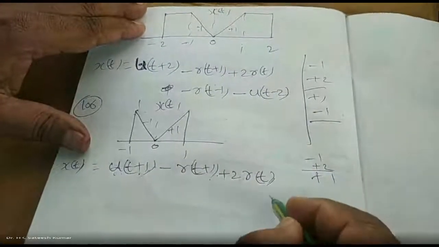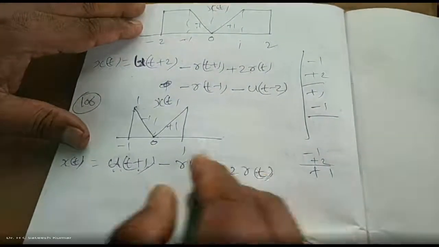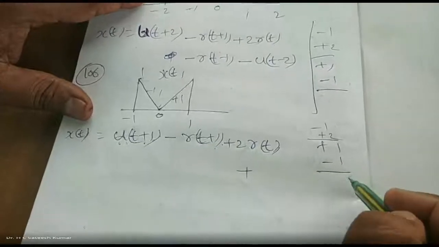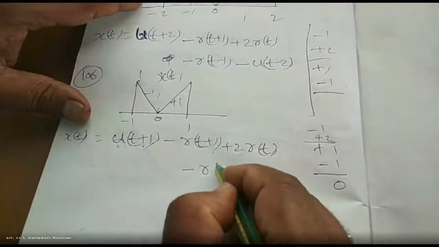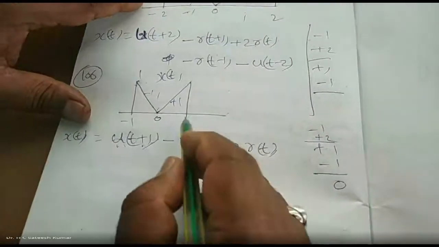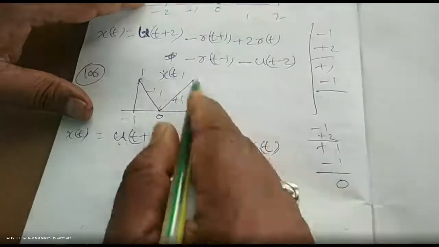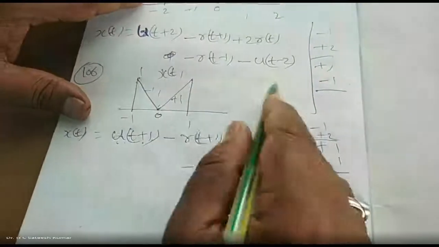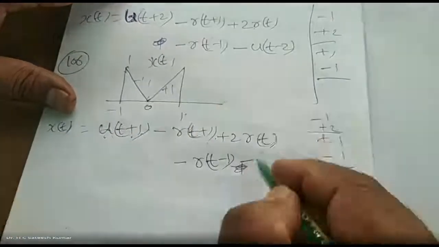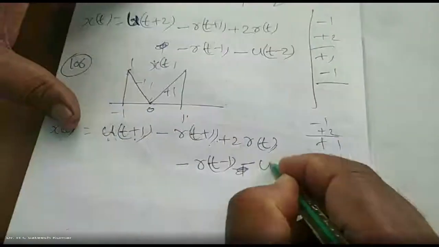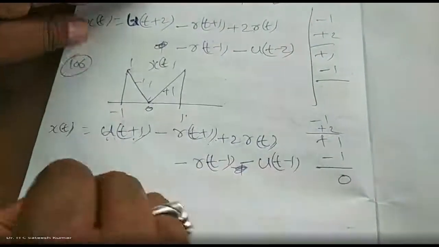So add minus r of t minus 1, starting from 1, to subtract it. So it becomes horizontal. That is not sufficient. It has to come down from the same point only. Minus 1 step down is minus u of t minus 1. That's how you should do it.